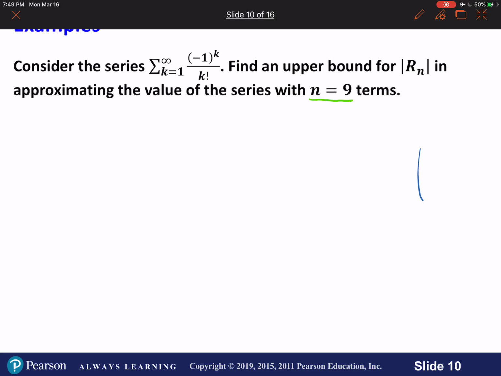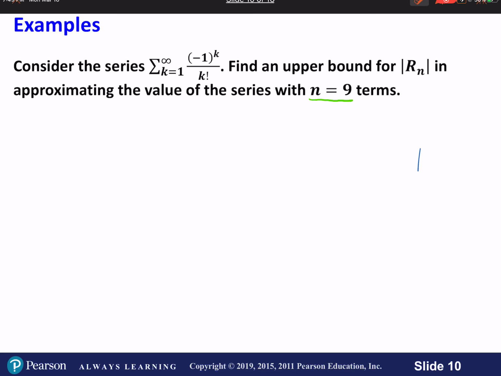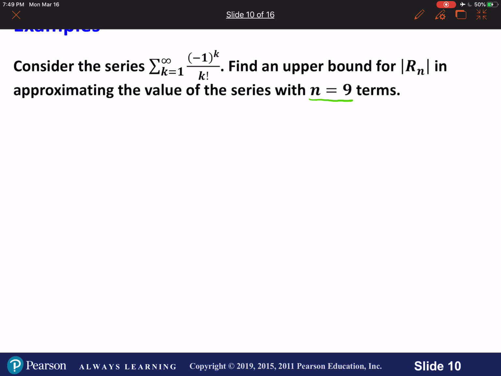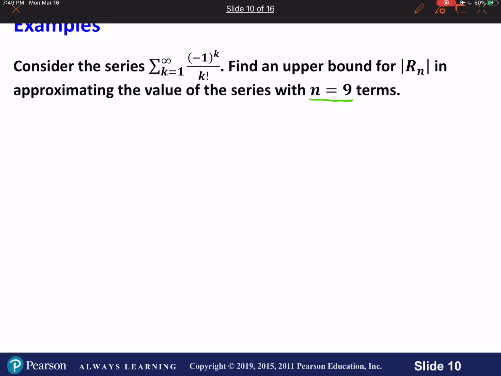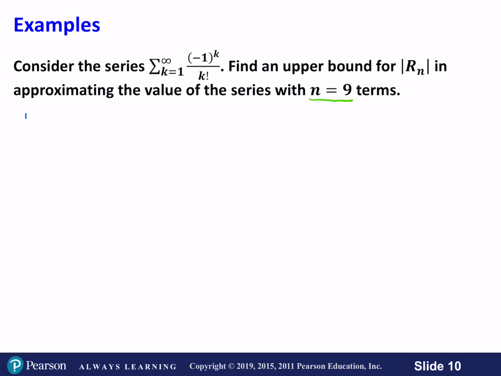Okay, so here's another way of thinking about this question, or another way to phrase it in your mind. How big is the error if you only add the first 9 terms together?